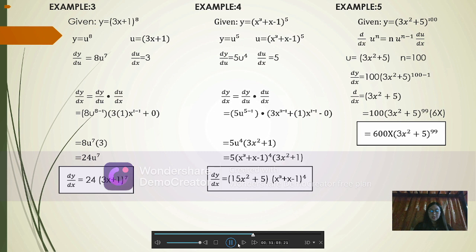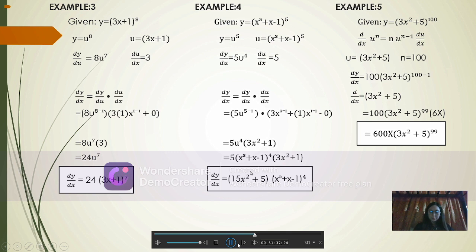So, magiging sagot natin is dy over dx is equal to 15x squared plus 5, x cubed plus x minus 1 to the fourth power. So, bakit siya naging ganyan yung sagot? Kasi, itong 5, then 3, pinag-times natin. So, magiging 15x squared.